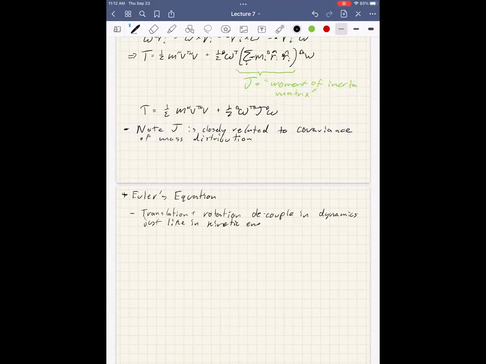So I basically am going to be able to write down F equals ma for the center of mass translation stuff. And then I need a new equation for what's going on with the rotation part. And that's Euler's equation, which we're going to do right now.